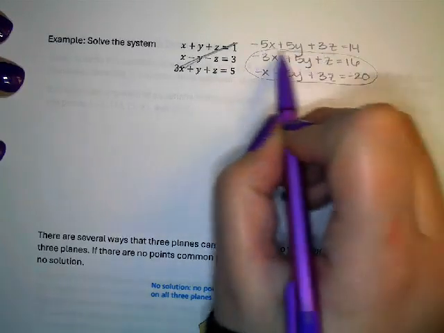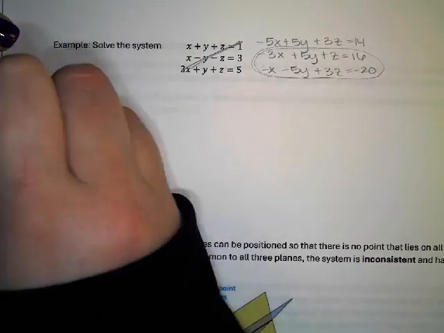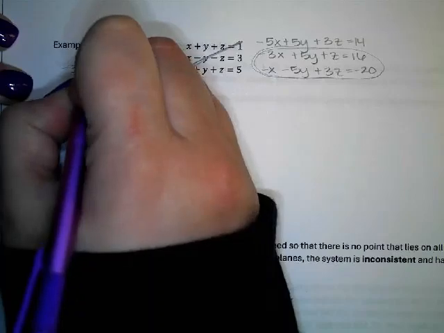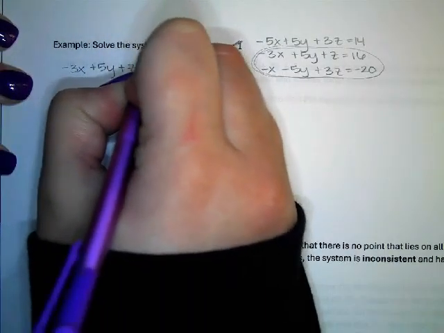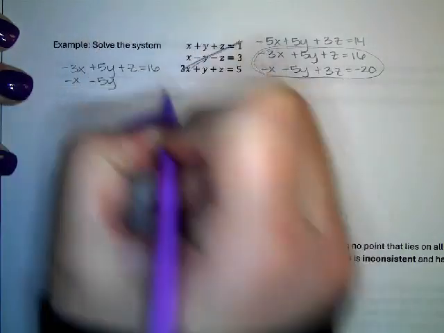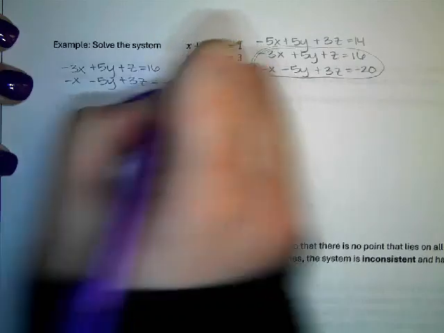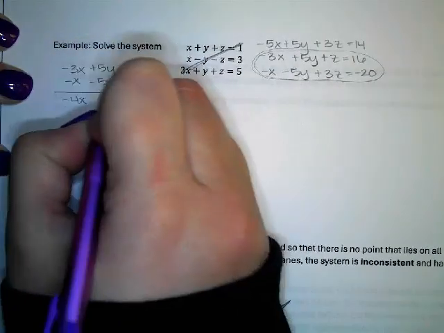So I've got negative 3x plus 5y plus z equals 16, and negative x minus 5y plus 3z equals negative 20. So negative 4x plus 4z equals negative 4.